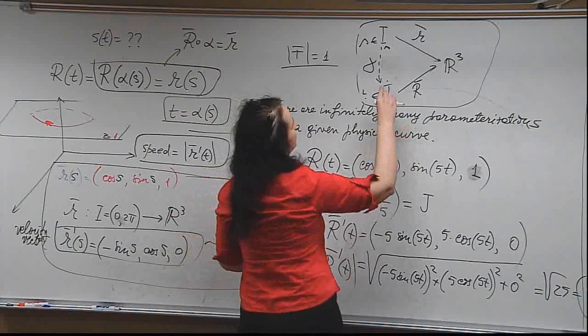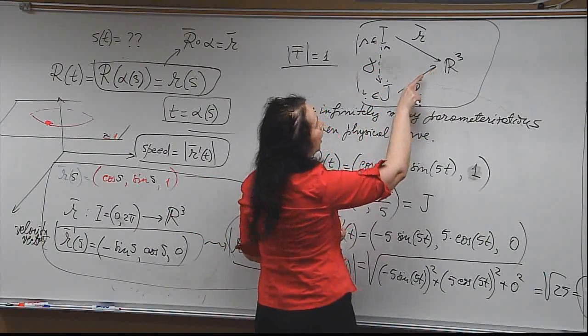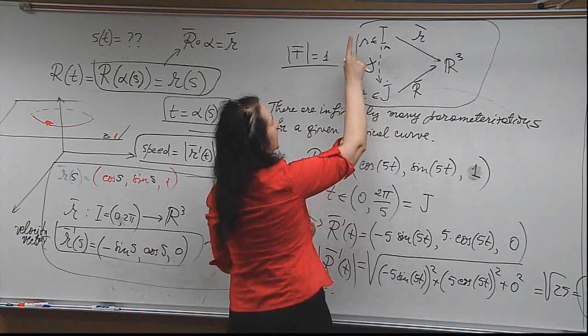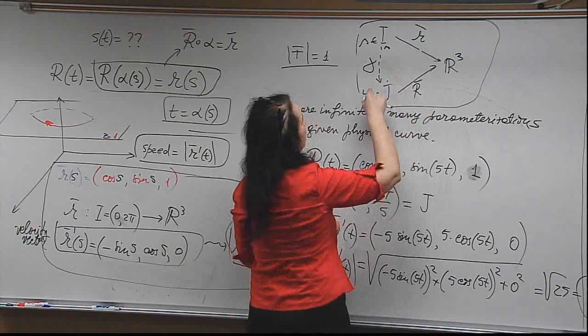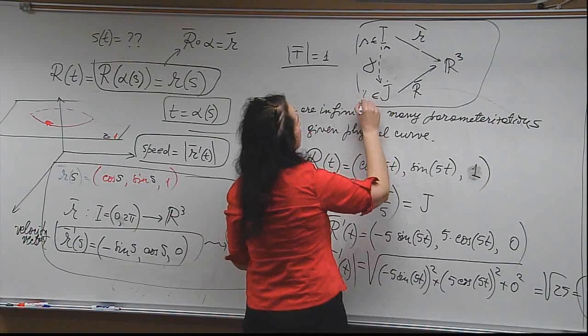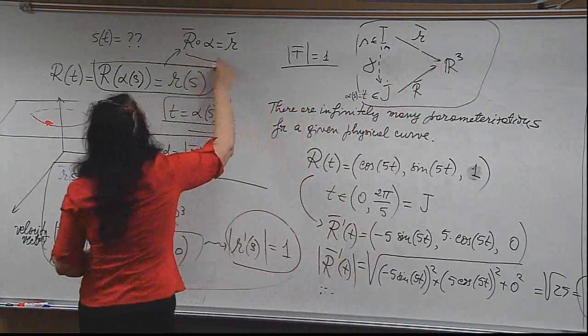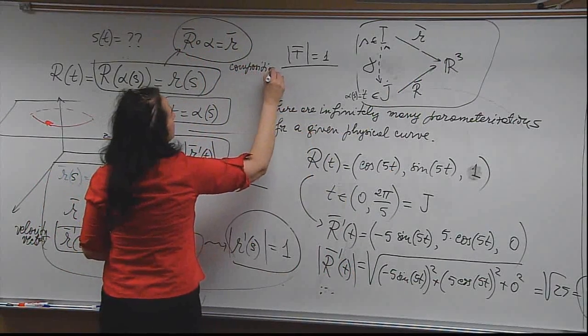Alpha followed by R. R composed with alpha. R of alpha of s equals r of s. Say it again: R of alpha of s, where T is alpha of s, equals little r. This is a composition that we learn in pre-calc.